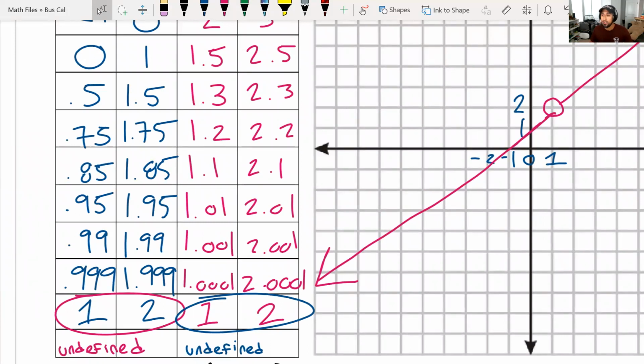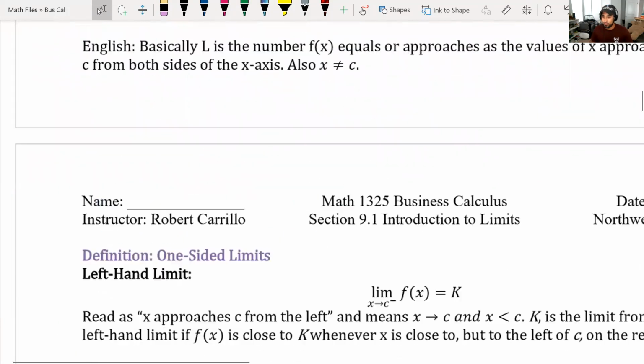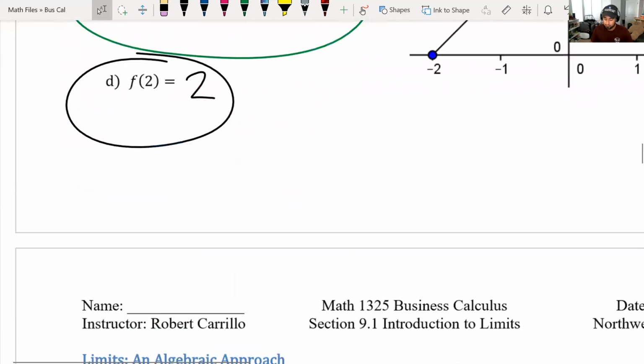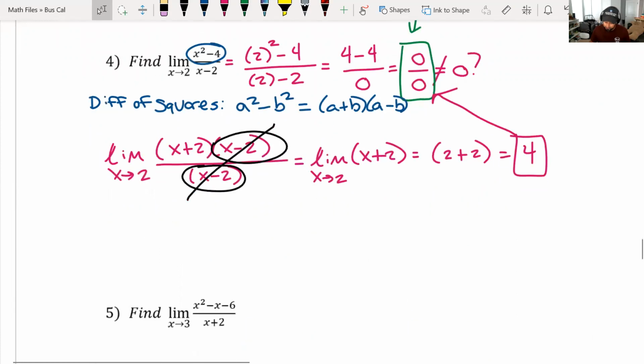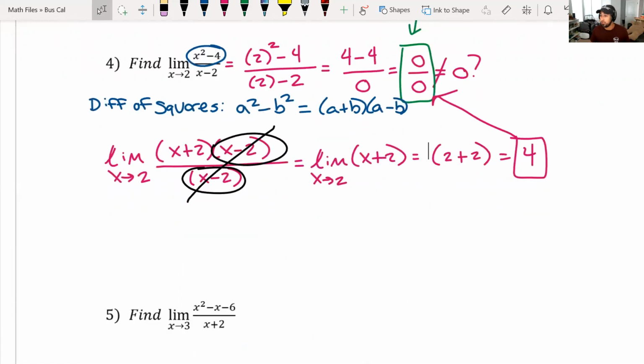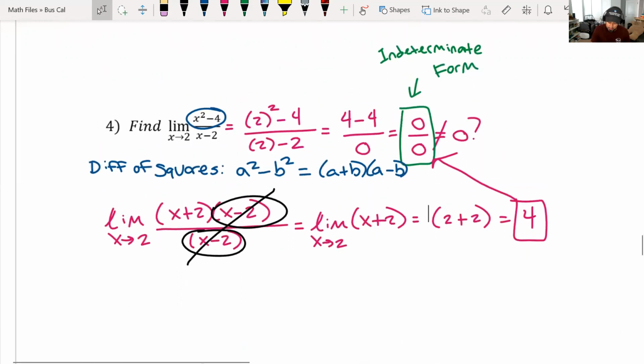But sometimes algebra is a lot faster. Okay, those are things just to look out for. All right, let me erase that. There we go. Okay, let's do it again.